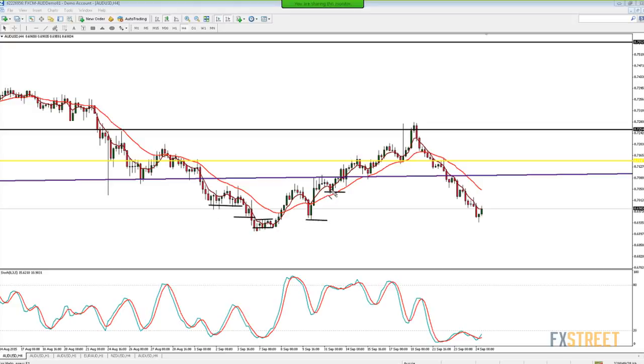A little bit of resistance, resistance, resistance. The 21 EMA, and you can also see that visually it just looks like a 382. But moreover, you've got all this stuff here. So that looks like resistance to me.